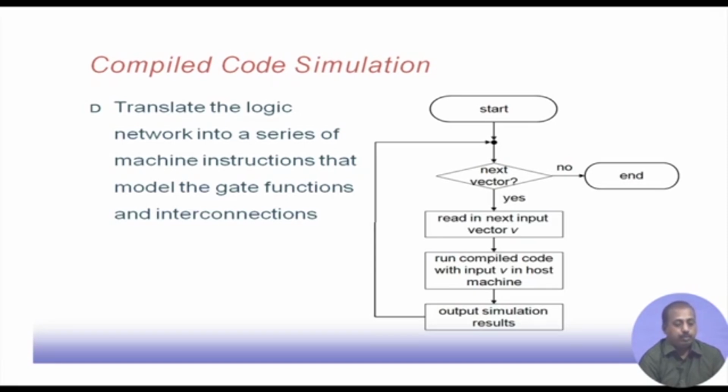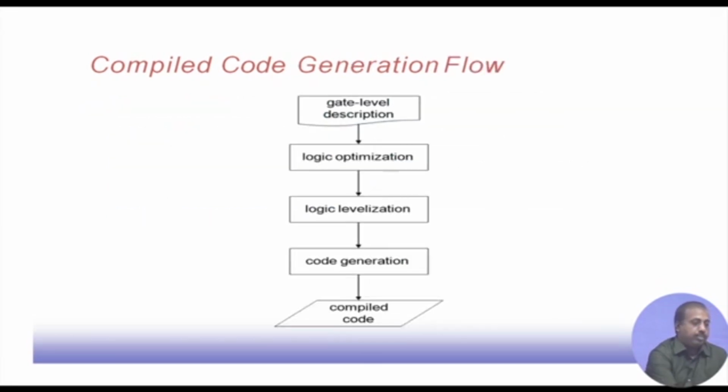Whatever is the output of the program is the simulation result. Then again it will take the next test vector, and do the same thing till all the vectors have been simulated. This is possible because most of the machines have instructions similar to the logic gates and elements that we have.